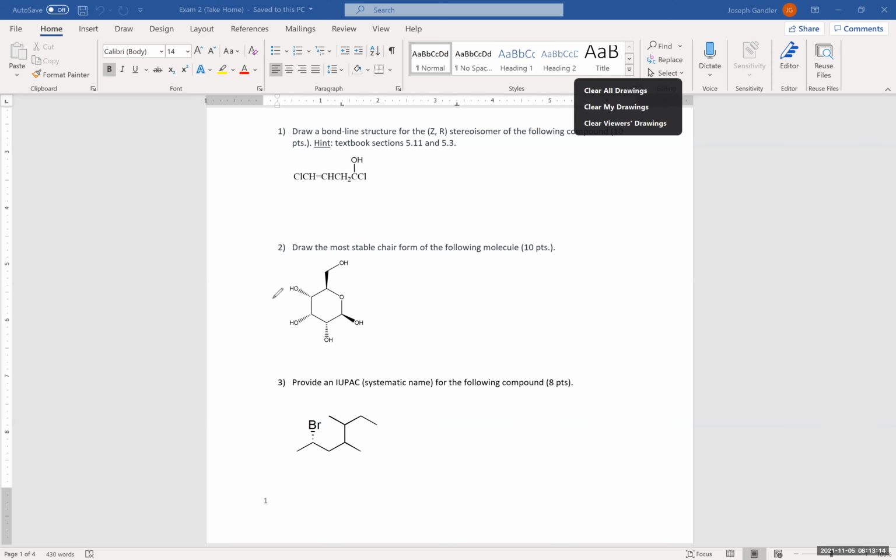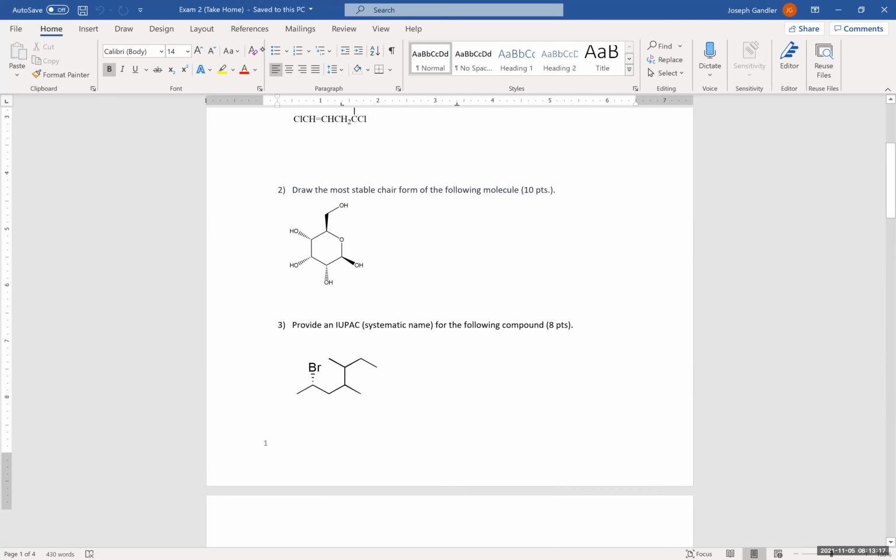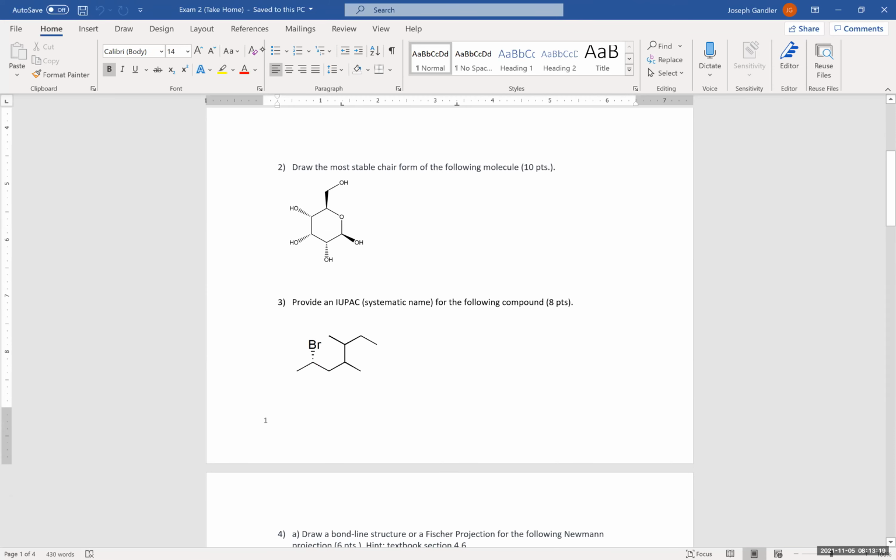Okay, so the next question is, what's the name of this compound? So we're going to number the chain from left to right. That gives the bromine substituent a 2. If you numbered it from right to left, the substituent numbering would be higher. So that's a 7-carbon chain. That's heptane.